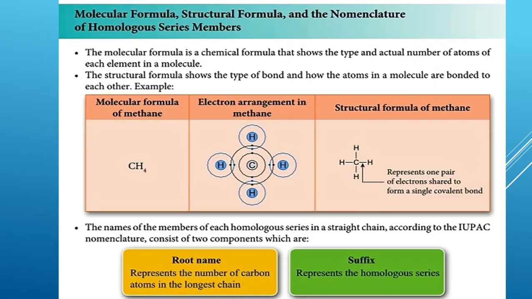Okay, so the molecular formula, structural formula and the nomenclature of the homologous series members. The molecular formula is the chemical formula that shows the type and actual number of atoms of each element in a molecule.